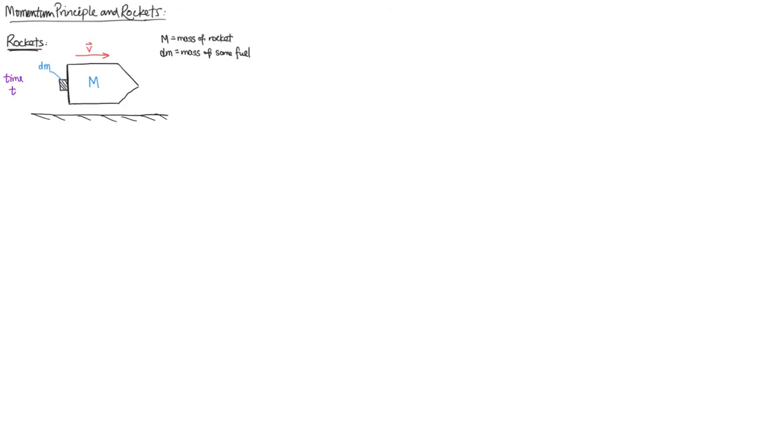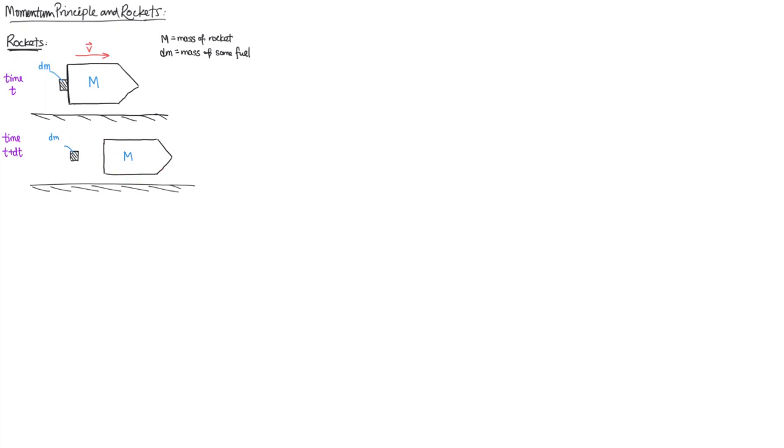Okay, and then we're going to consider a later time, t plus dt. At that later time, the fuel will have been expelled from the rocket. So here we have the system sometime later, at time t plus interval dt, just an instant later. We have the rocket still moving to the right, although we'll have to talk about what its velocity is.